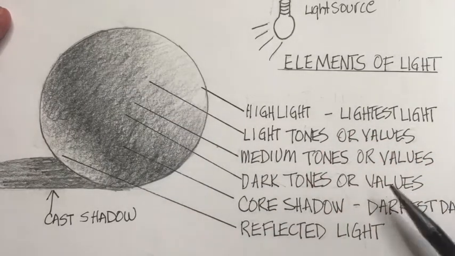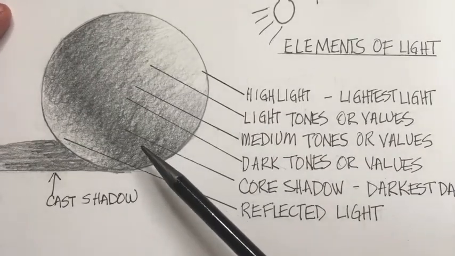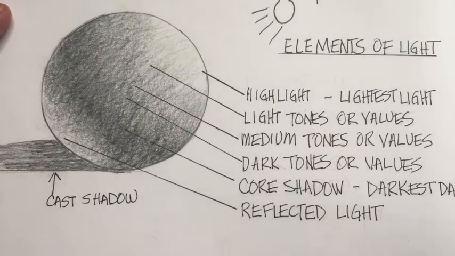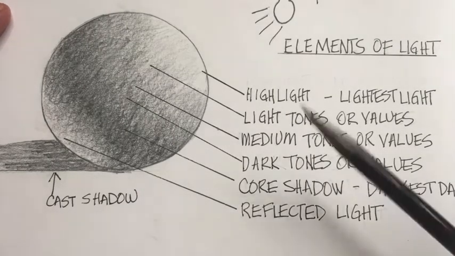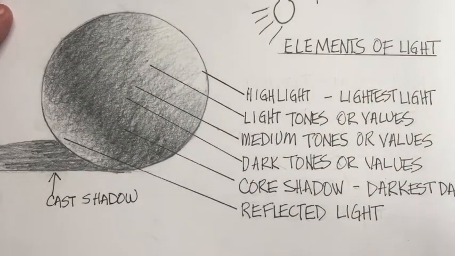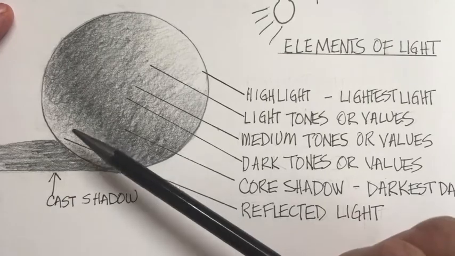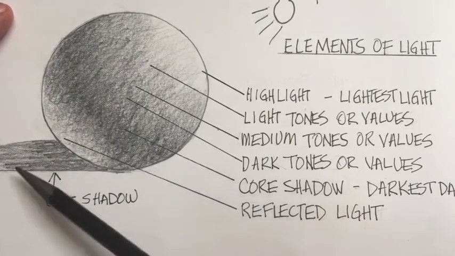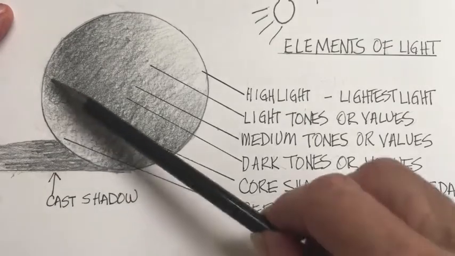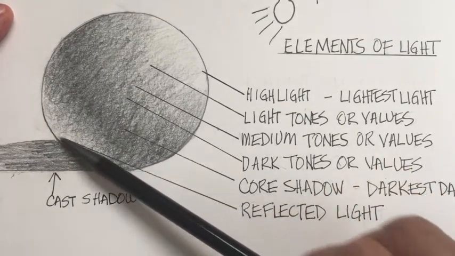darks. The darkest dark on an object is called the core shadow. I like to think of it as apple core, the deepest, darkest part where the light is not shining. And then the light shines and reflects off the surface it's sitting on, reflects back onto the object, so that's called a reflected light.